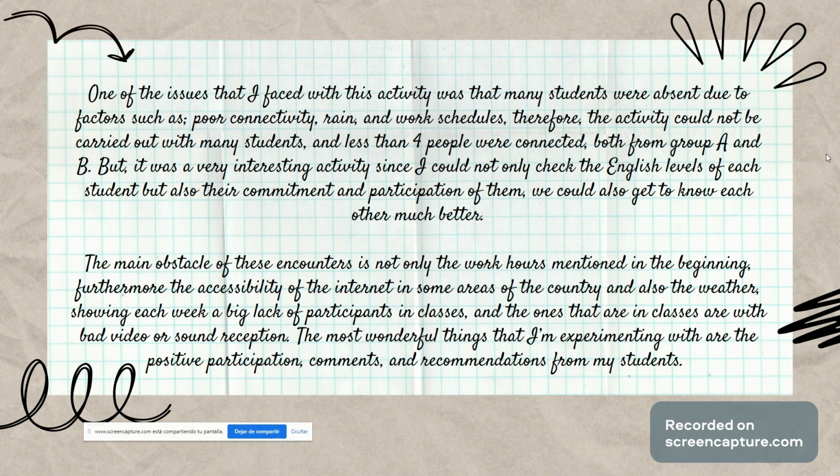The main obstacles of all these encounters are not only the work hours mentioned in the beginning, but more the accessibility of the internet in some areas of the country and also the weather, showing each week a big lack of participants in classes. And the ones that are in class have bad video or sound reception.